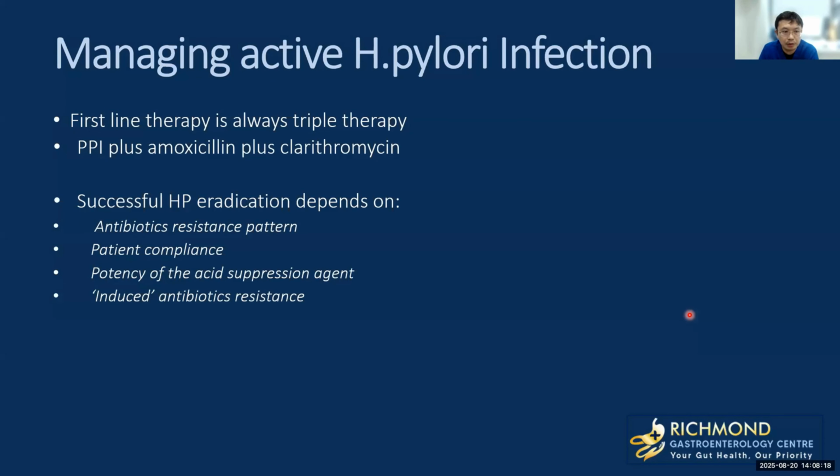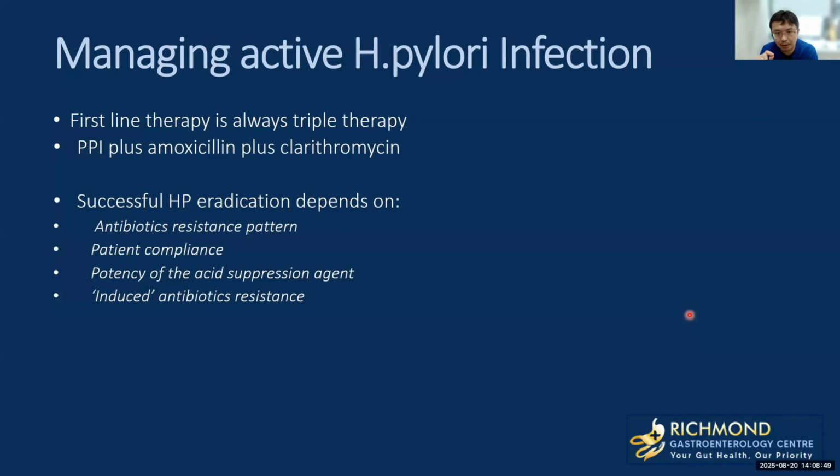And finally, induced antibiotic resistance. This only comes after your failed first-line therapy. The person's innate H. pylori infection will develop resistance. For example, if you treat a patient with PPI plus amoxicillin plus clarithromycin and the person failed this therapy, you know that there's a small increase in amoxicillin resistance, and the person is most likely to be highly resistant to clarithromycin.